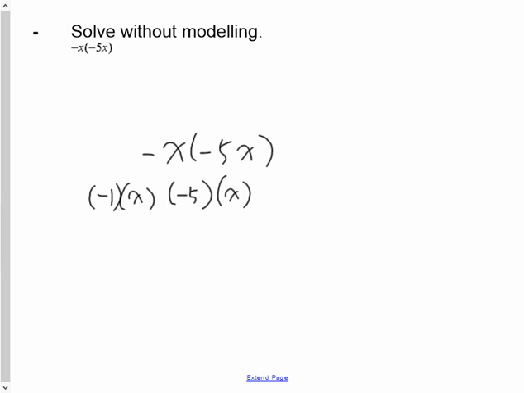And that's kind of important because here, when I rearrange my terms, because I'm now declaring that that is a negative 1 coefficient, when I multiply my coefficients, I get a positive 5, right? So a negative 1 times a negative 5 is a positive 5, and x times x is x squared. Some people end up with a negative 5x squared because they don't think of the coefficient of negative x as being a negative 1.